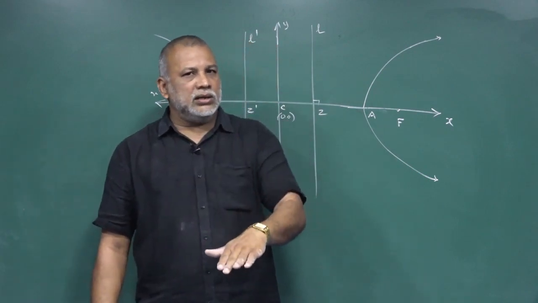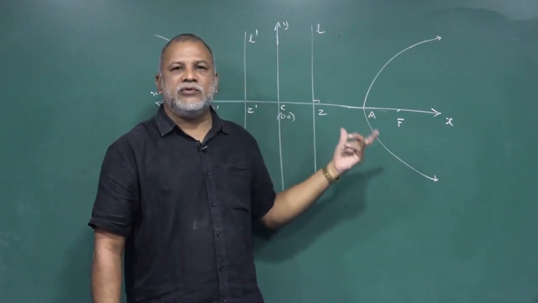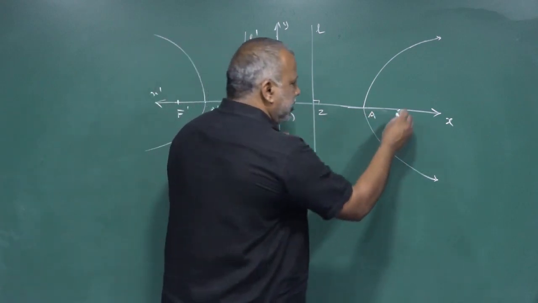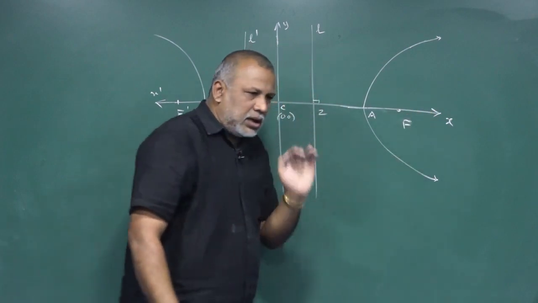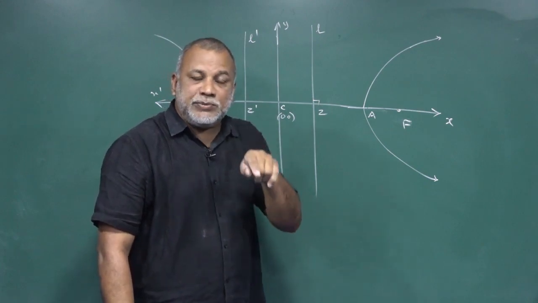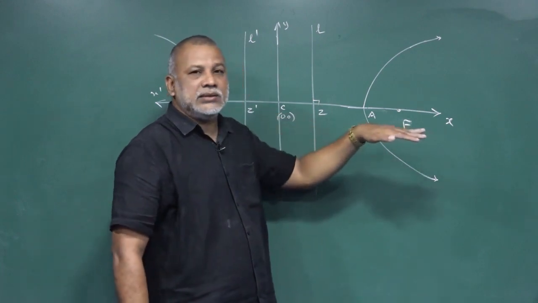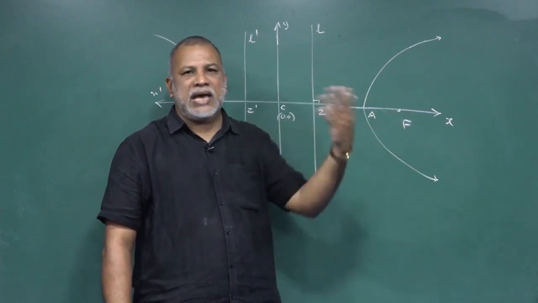A focal chord which is perpendicular to the transverse axis of a hyperbola. See here, focal chord. What is the meaning of focal chord? A chord passing through the focus must be a focal chord, which is perpendicular to the axis, that means the transverse axis. In your ellipse, you are using the major axis.